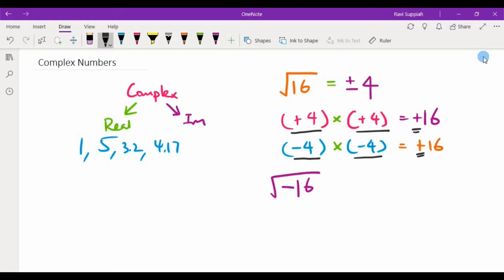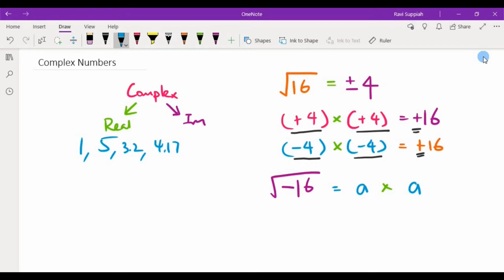But if I were to square root a negative number, I am trying to get two numbers, maybe a multiplied by a. Two numbers have to be the same, correct, where the result is negative. And we know that this is actually not possible with our real numbers, right?